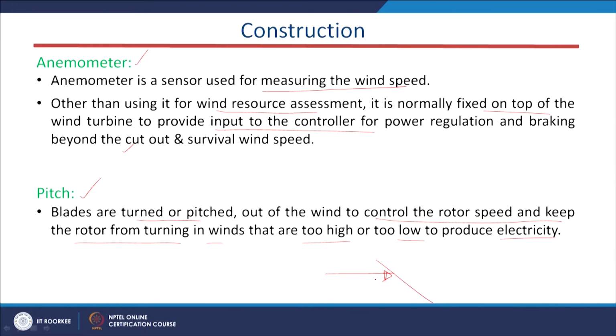With respect to the direction of the wind, the axis of the blade keeps some angle. So, if this is my wind direction and this is my blade direction, the axis of the blade, then what is the angle they are extending. That is how we have to keep the pitch angle of the blade, so that it will get the highest energy from the kinetic energy of the wind system.